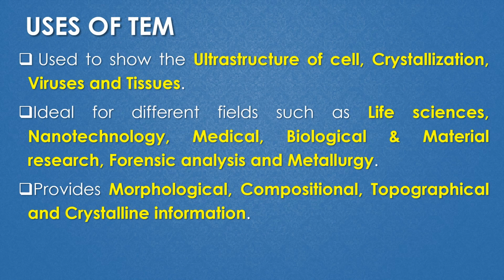It also provides morphological, compositional, topographical and crystalline information. In general, the scanning electron microscope scans the surface of the object, but the transmission electron microscope passes the electron beam within the object and forms ultra clear images. Those are the benefits.